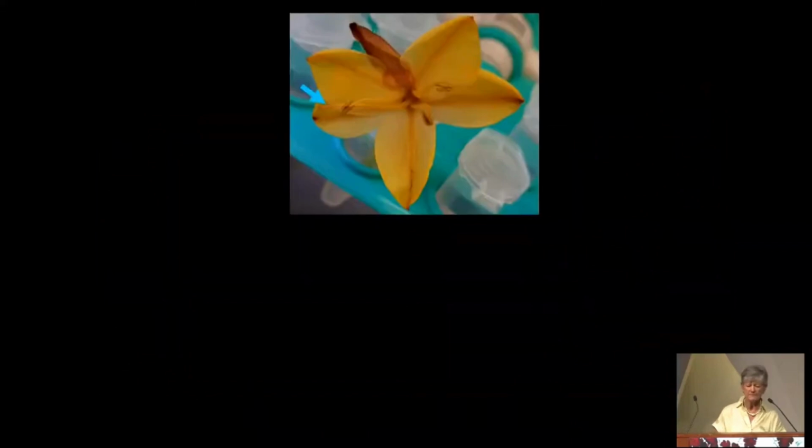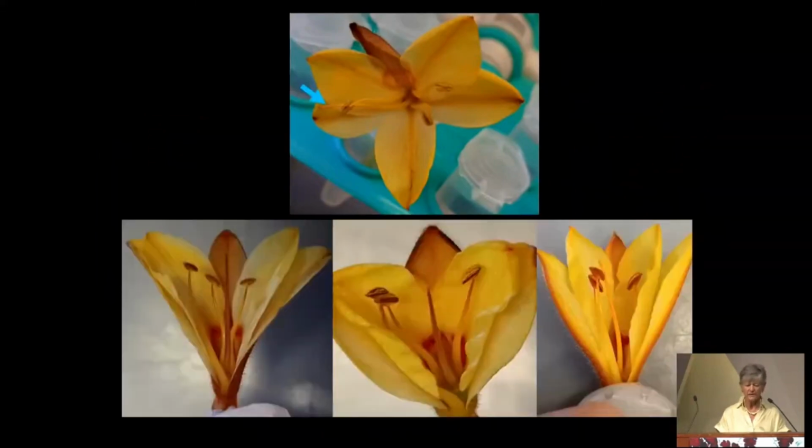This is the wild-type flower control that wasn't exposed to this torture. Here are the 3 that were continually turned, and you can see these little blue arrows are pointing to the fact that the wild-type flower, the L-morph, is completely on the left-hand side, whereas these ones that were rotated continually for 24 hours, the style went dead straight.